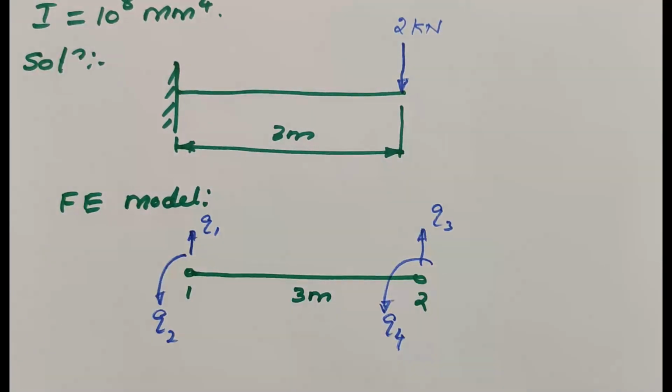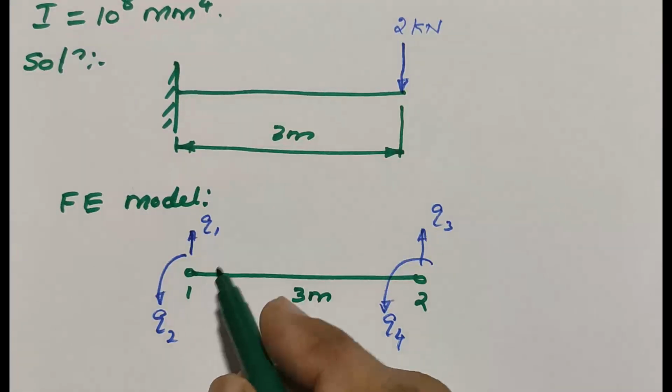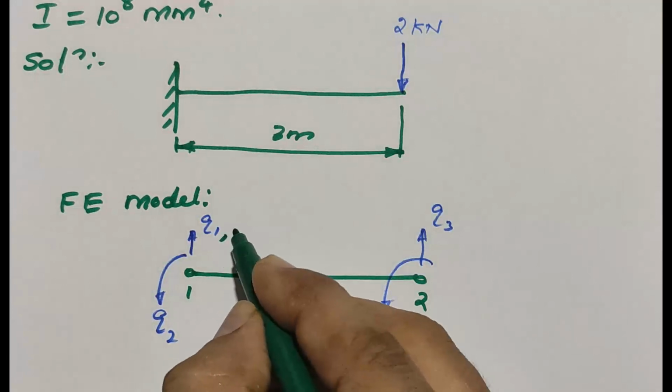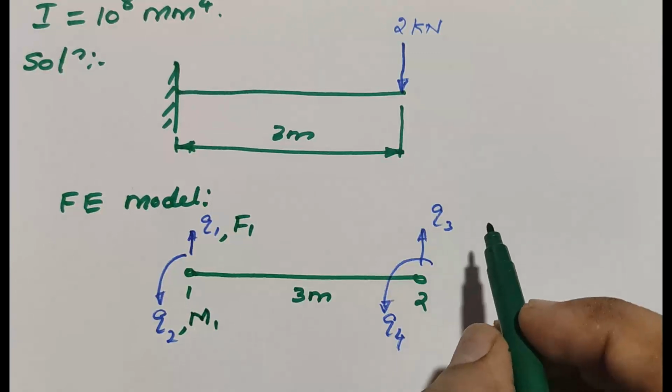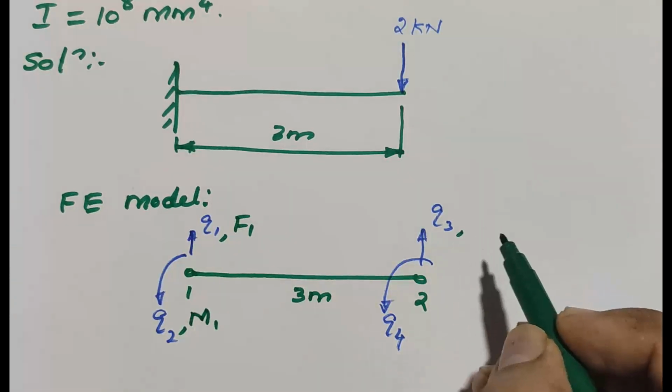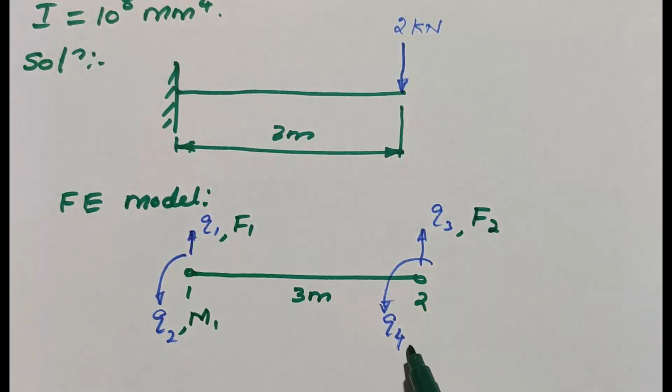Similarly, I have to consider the nodal forces and nodal moments, meaning the applied force at each node and also the applied moment at each node. At node 1 I will take the applied force as F1 and applied moment as M1. Similarly, at node number 2 I will take applied force as F2 and applied moment as M2.